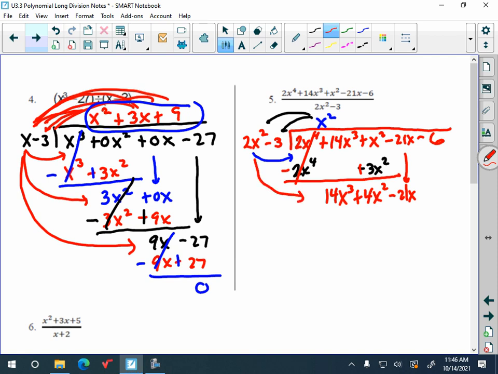All right, so then this should be 7x plus 7x. Distribute 7x over. Minus 21x, so we're going to put it over here.